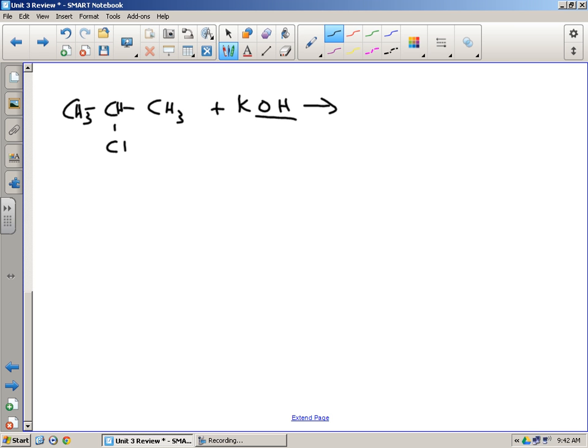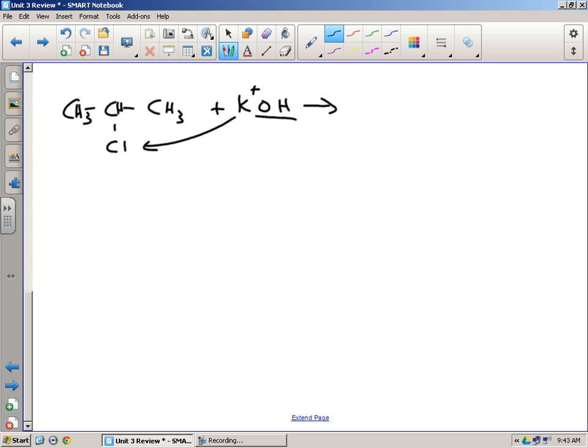Well, you're not going to add it on because there's no double or triple bonds. You're not going to do a substitution because, once again, what are you going to put on? What are you going to take off? We know that K plus really likes Cl minus, chlorine. So those two are meant to go together.